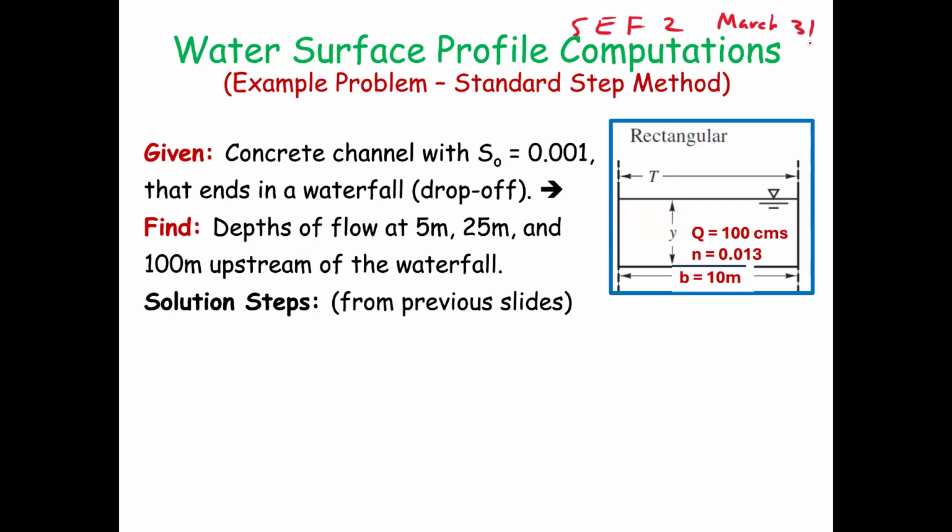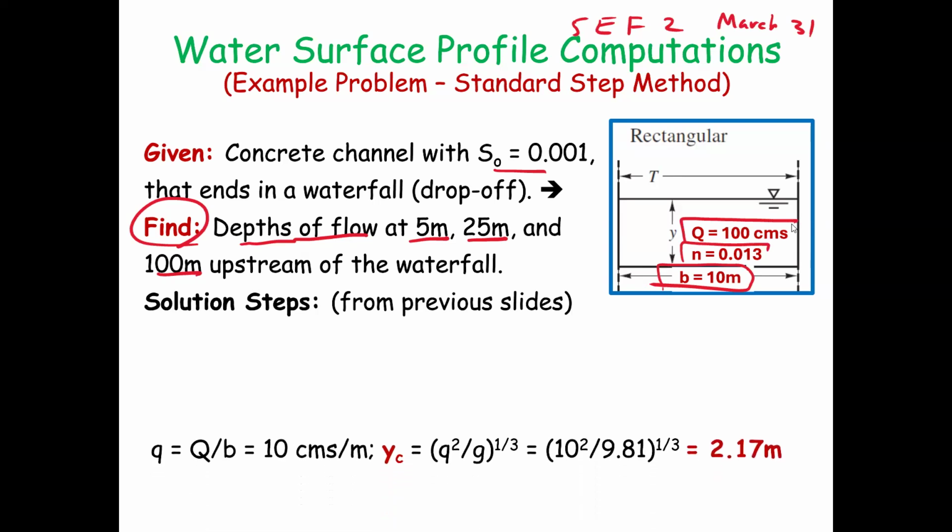Look at here, depths of flow, find it at 25 and 100 meter. So you have the length, you are looking for what happened to y. You have S, you have the information, you have Manning coefficient, you have discharge, and that's all you need.